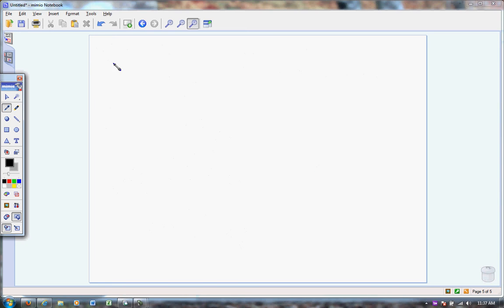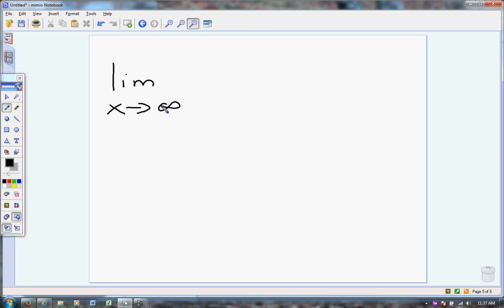If you have the opposite, something like this, the limit as x approaches infinity, let's say we've simplified our polynomials and we have 5x over 2. If you have the opposite, what is that going to be? Well, now we have flipping huge just divided by 2. This is going to be positive infinity.